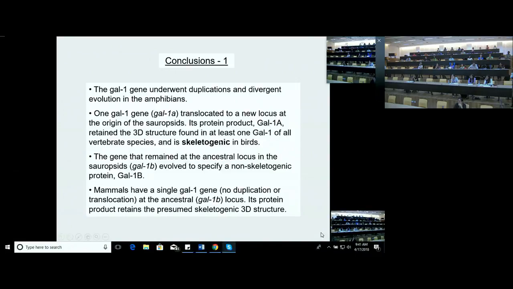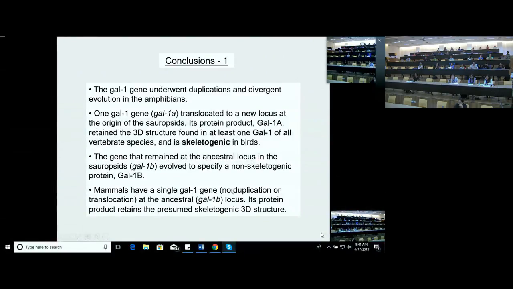Its protein product, galectin 1A, retained the 3D structure found in at least one galectin 1 of all vertebrate species and is skeletogenic in birds. The gene that remained at the ancestral locus in the sauropsids, galectin 1B, evolved to specify a non-skeletogenic protein, galectin 1B. Mammals have a single galectin 1 gene.